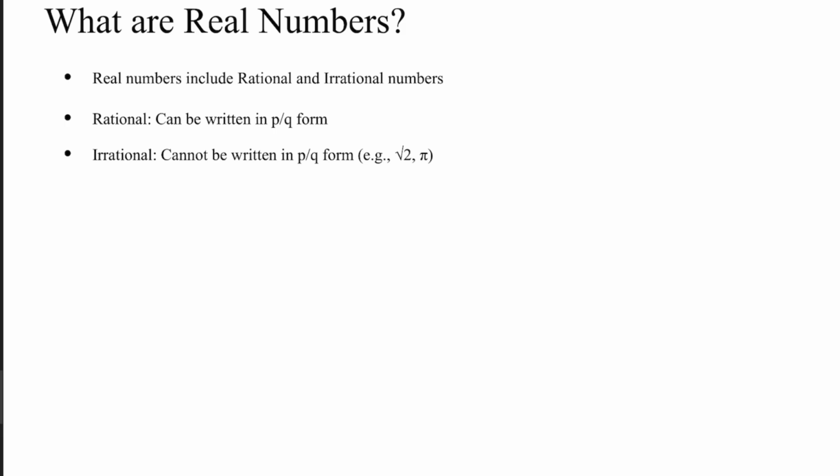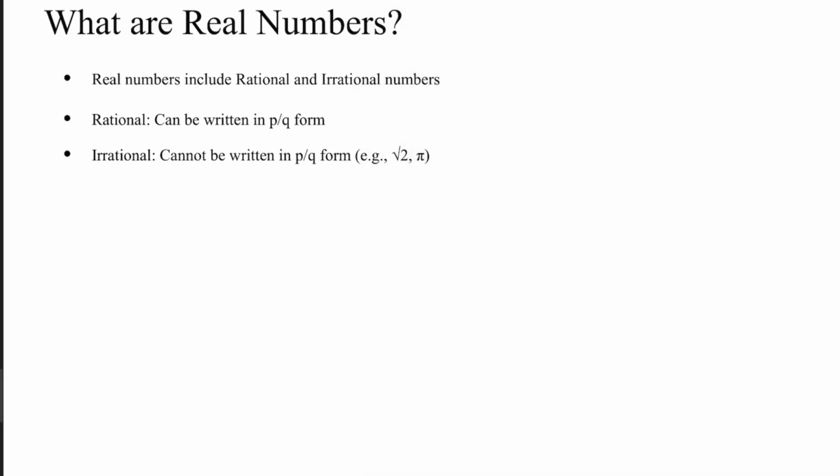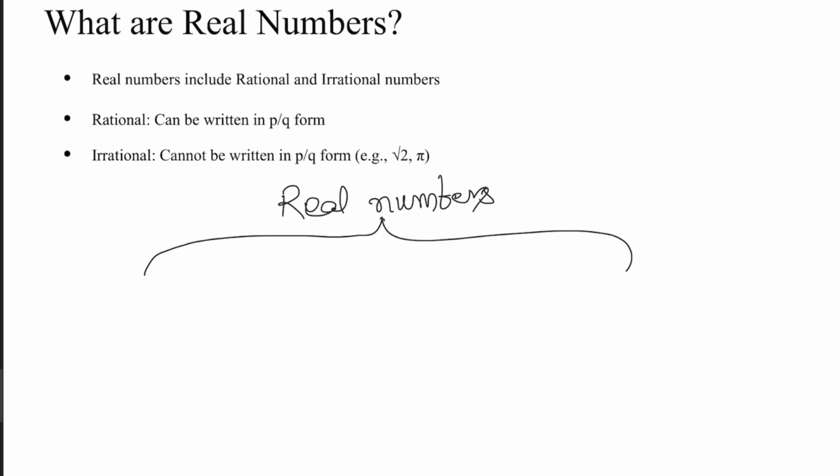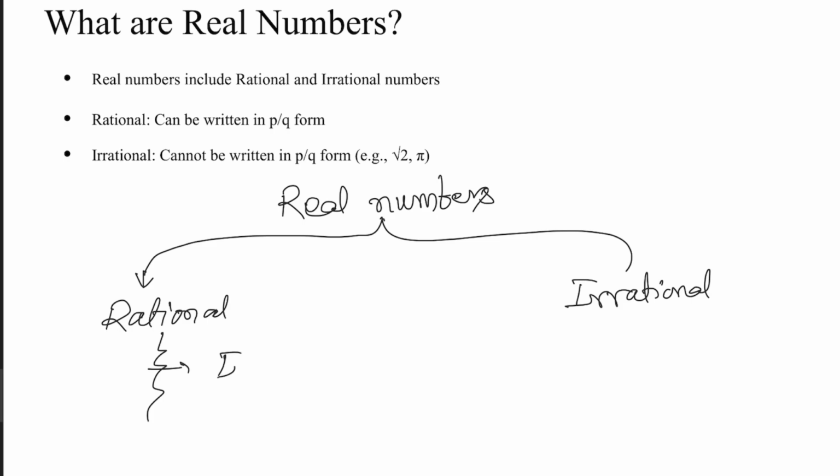You have already studied this in class 9. Real numbers are classified first into two types: rational numbers and irrational numbers.